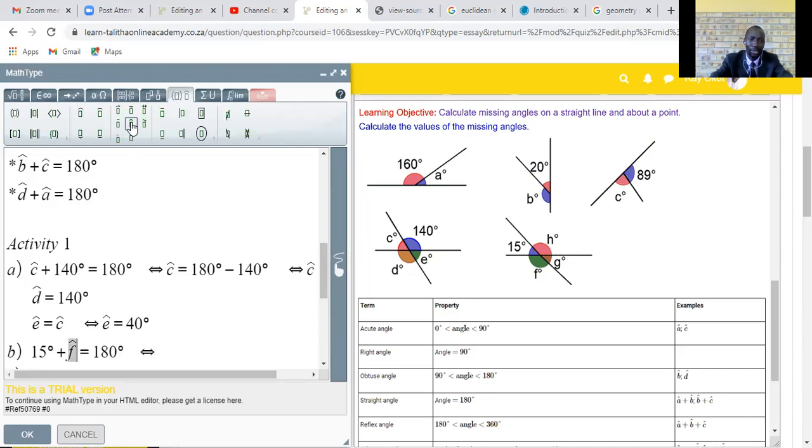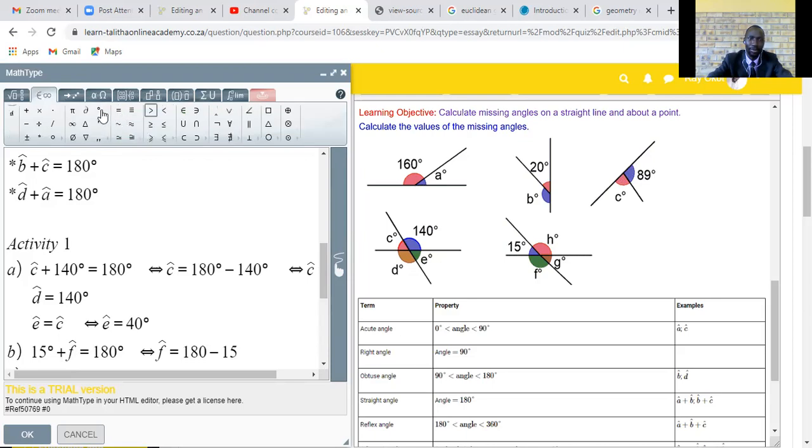And for this reason, we say F, which is the angle we are looking for, is going to be equal to 180 degrees minus 15 degrees. And from here, what is going to be the value of F?